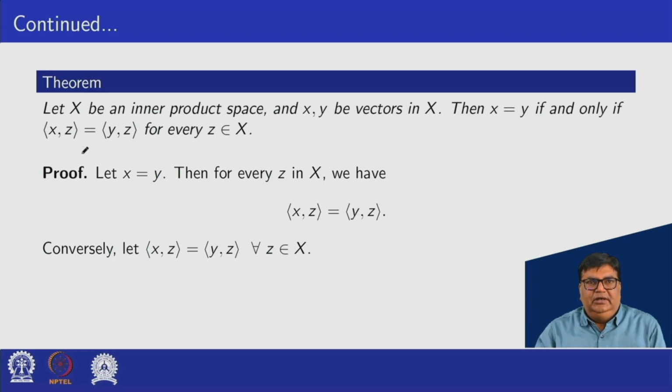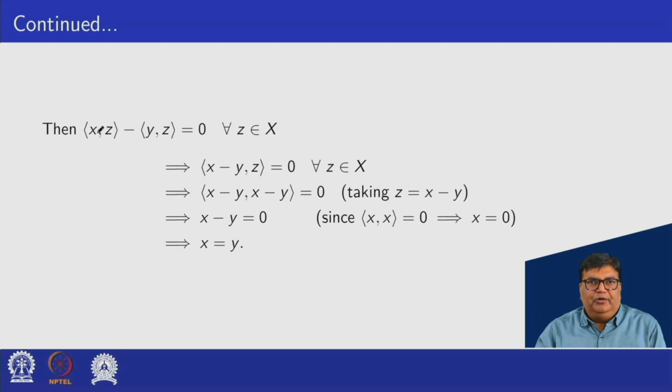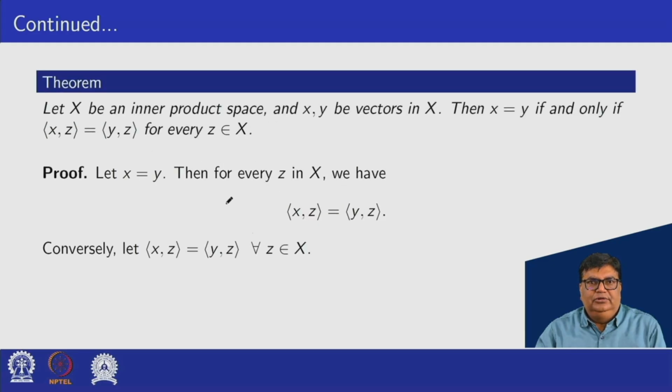Conversely, if inner product of x, z equals inner product of y, z for all z belonging to X, then we have to prove x is equal to y. So inner product of x, z minus inner product of y, z is equal to 0.